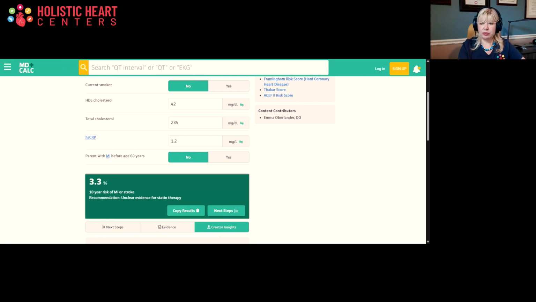And that brings me to a very important ratio that may not always be reported on your blood work. And you can go ahead and take a look if this ratio has been reported on your blood work. But this ratio is super easy for you to calculate. Right?